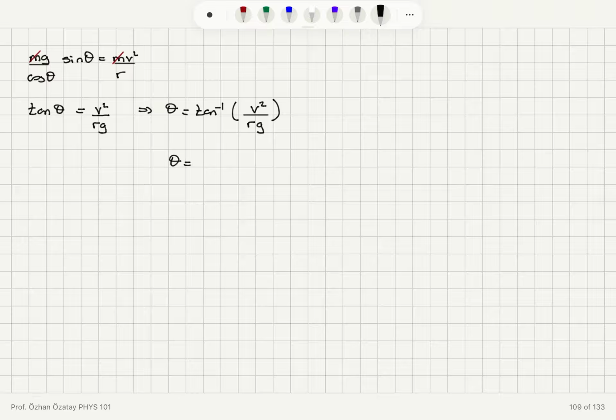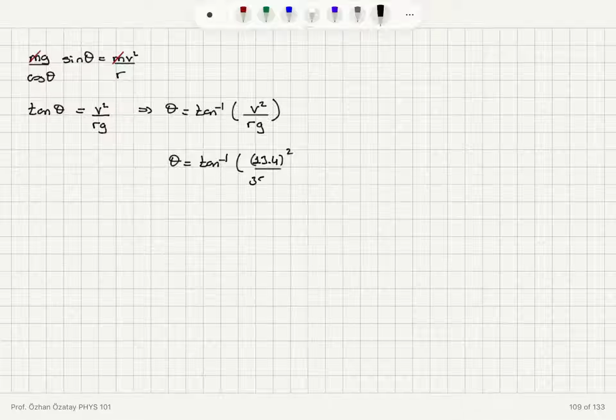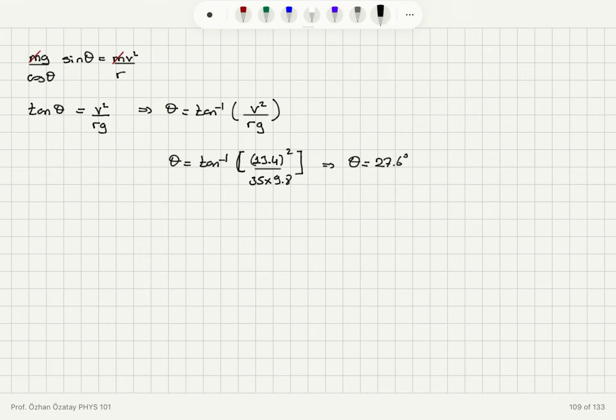So this will give us theta equals tangent inverse of 13.4 squared, that is the designated speed squared, divided by 35 meters times 9.8 meters per second squared. So this is our gravitational acceleration. That ends up giving an angle of 27.6 degrees for the tilt angle.